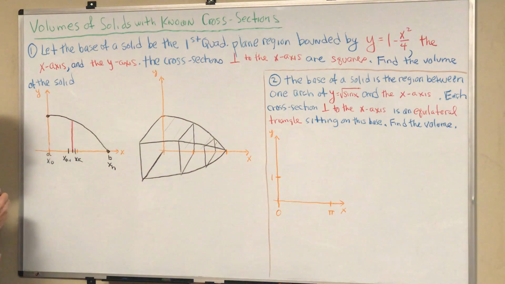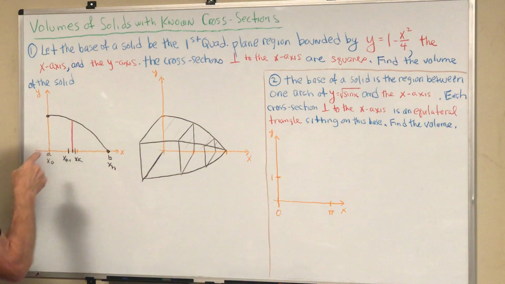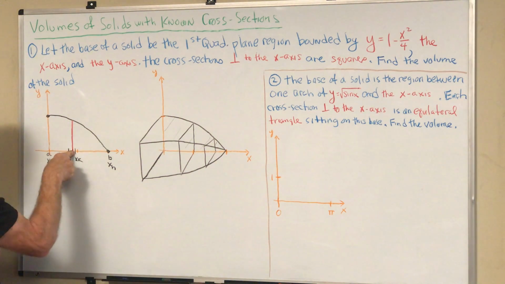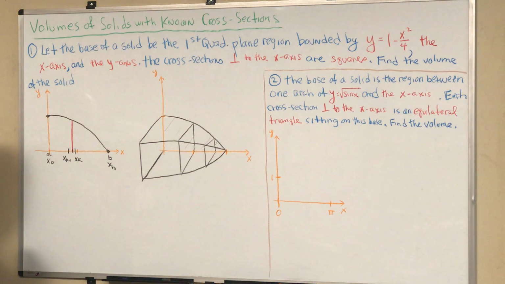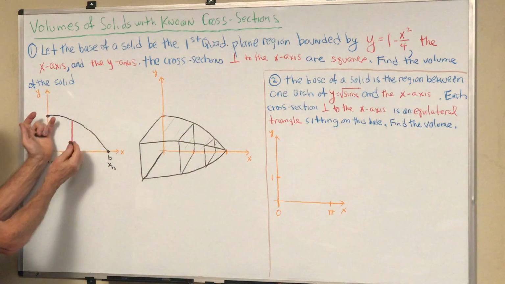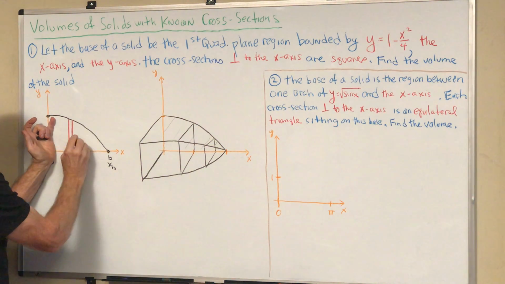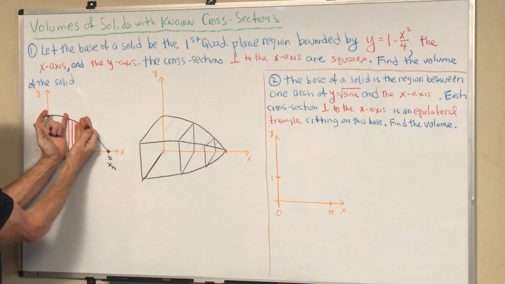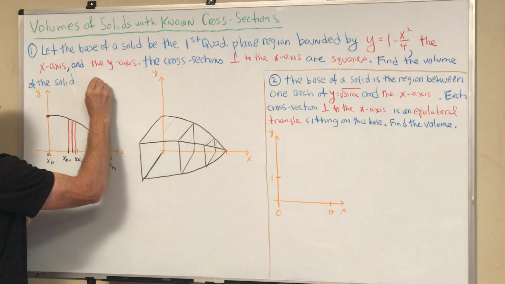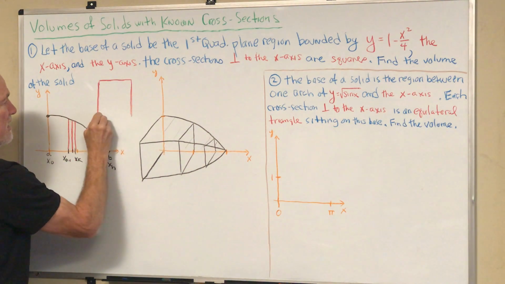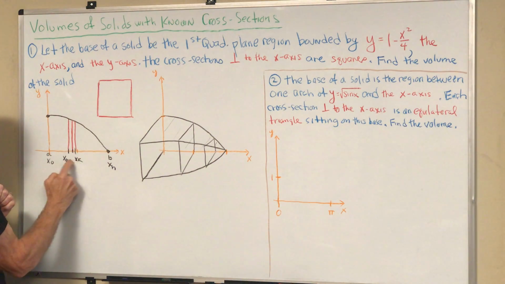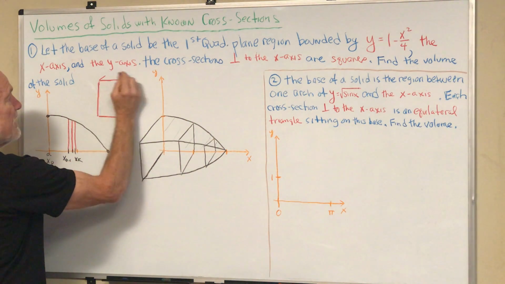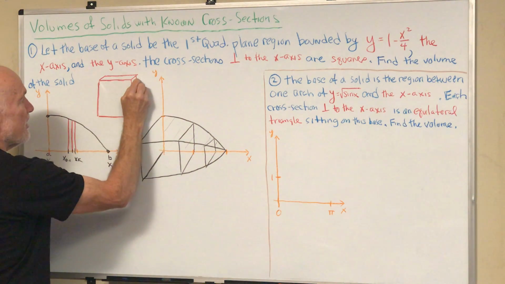So what we're going to do is then make this square, in this case it'll be a square, as our cross section coming out of here. And what we get, if you just looked at this one section, if you pull it out of there, you're going to get this square, but then it's going to have a little bit of width. And the width is going to be this same delta x sub k that we've had before.